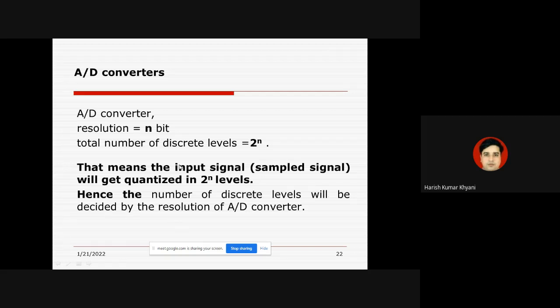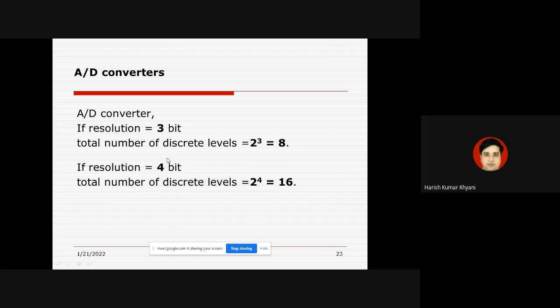So let us try to understand this concept again with the help of a numerical problem. Suppose we have an A to D converter whose resolution is 3-bit. Then how many discrete levels would there be? It is nothing but 2 to the power n, so 2 to the power 3, that is 8. Suppose we have an A to D converter whose resolution is 4-bit, then the total number of discrete levels would be 16, as 2 to the power 4.